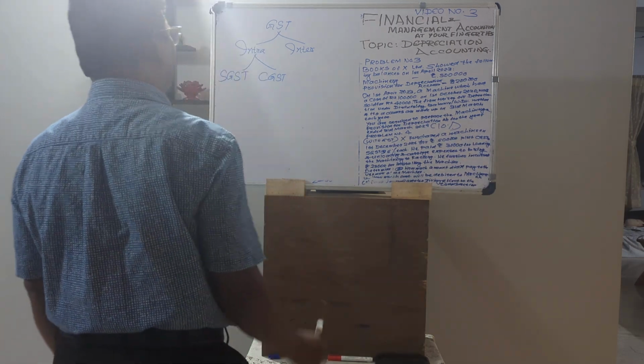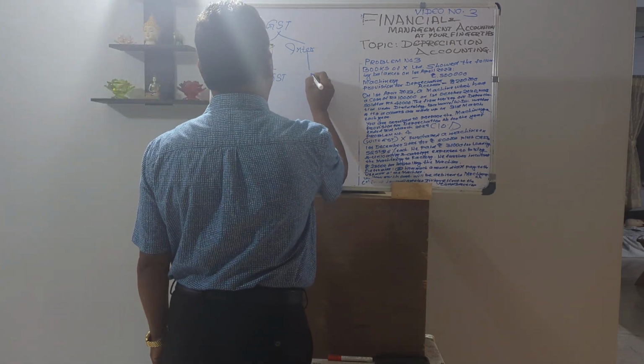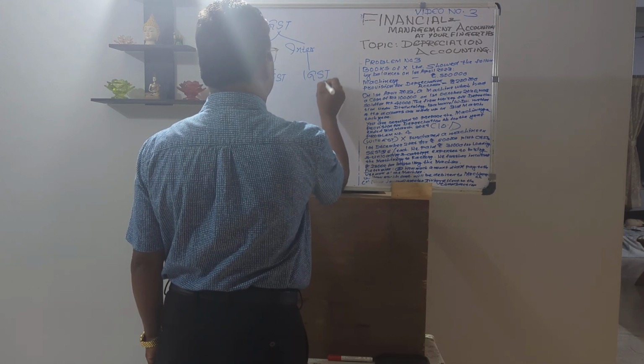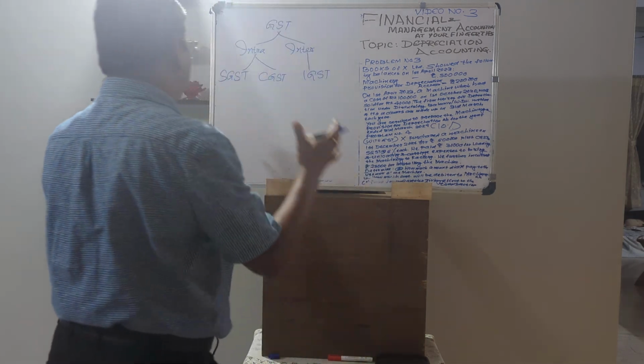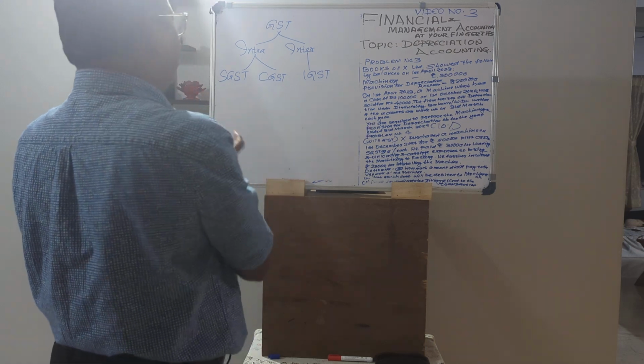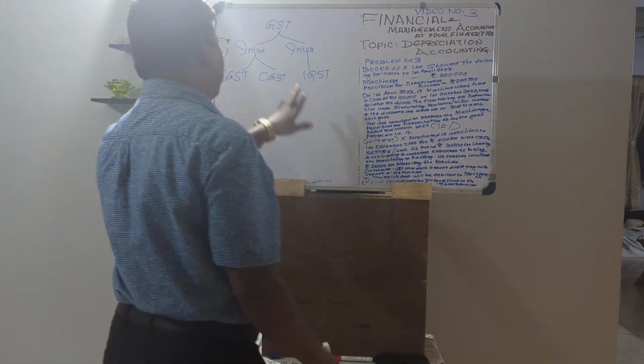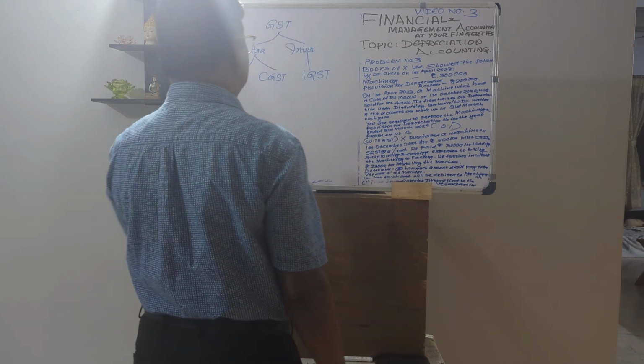But in case of interstate, it is named IGST, integrated goods and services tax. So intra means within the state transaction, meaning both supplier and buyer belong to the same state. Interstate means among different states of the country.